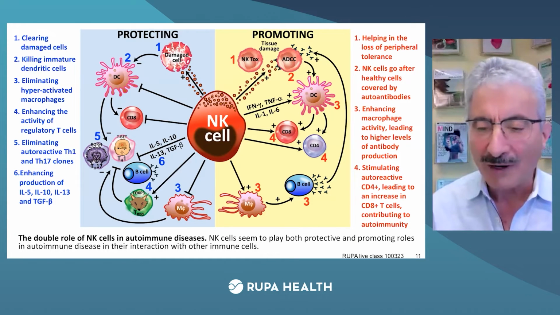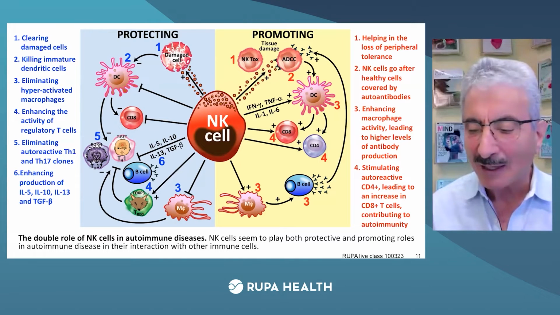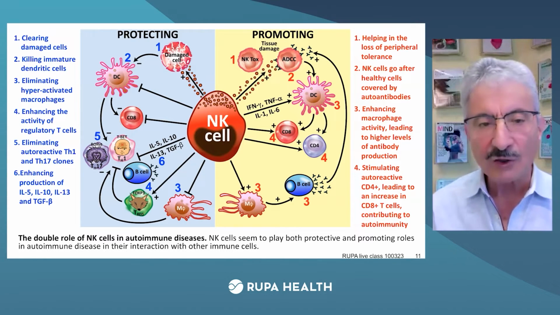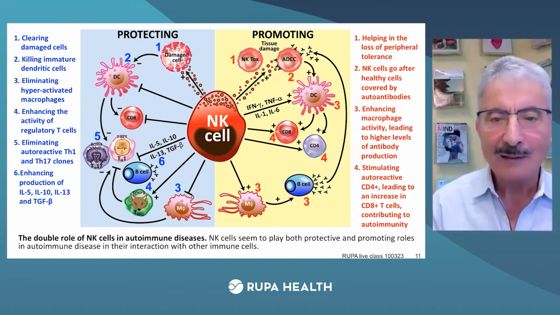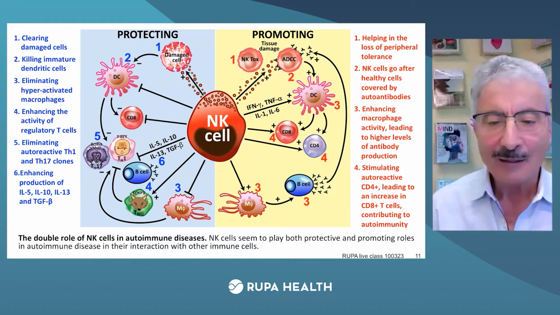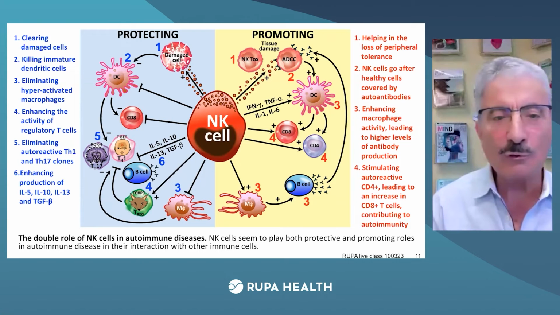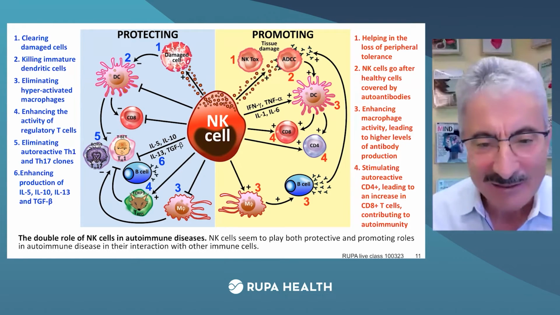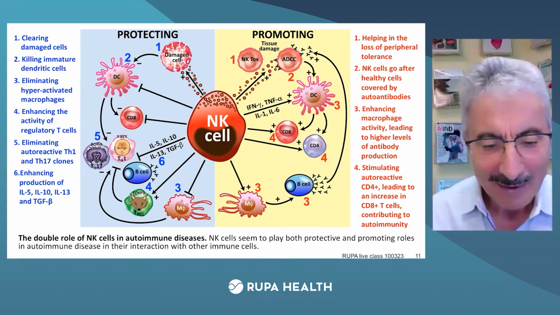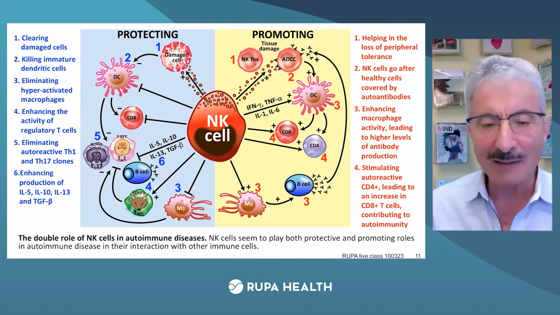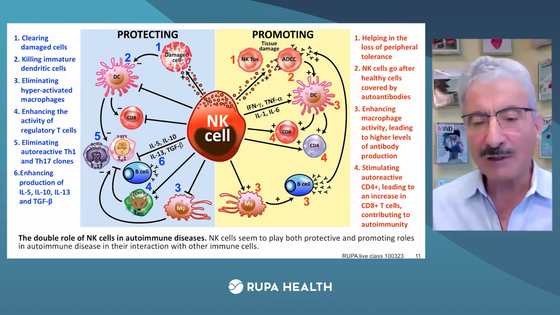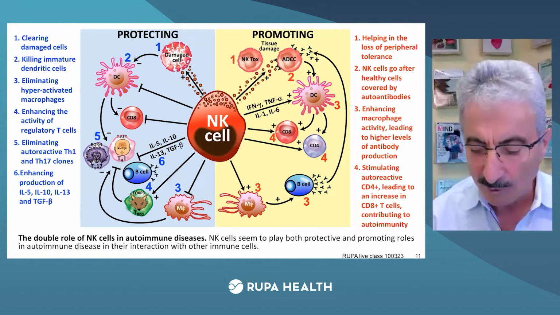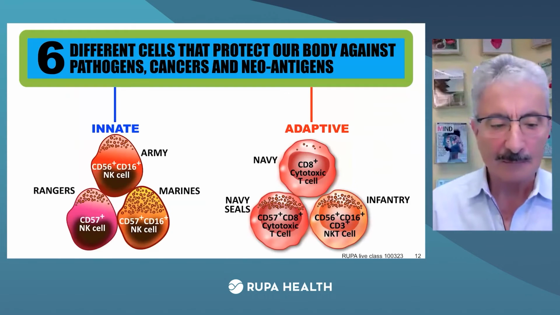Overactivation of these cells can contribute to autoimmunity. So to have too many NK cells, although their job is to remove virus-infected cells and cancer cells and other cells being activated, their overactivation can cause damage to the tissue, contributing to autoimmunity.